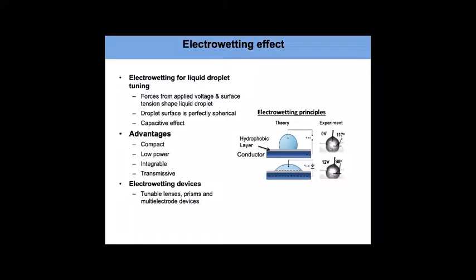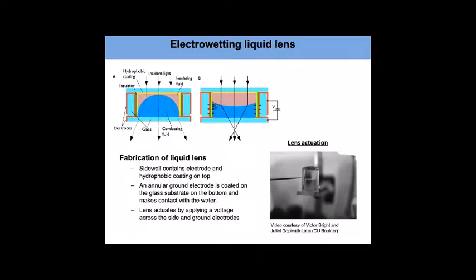But if that hydrophobic layer is on top of a conductor and you apply a voltage between the water and the conductor, you get a rearrangement of charge, and you can tune that contact angle in a very nice and reproducible manner. Using this technique, people have generated many different types of devices, such as tunable lenses, prisms, and other types of droplet rearrangements.